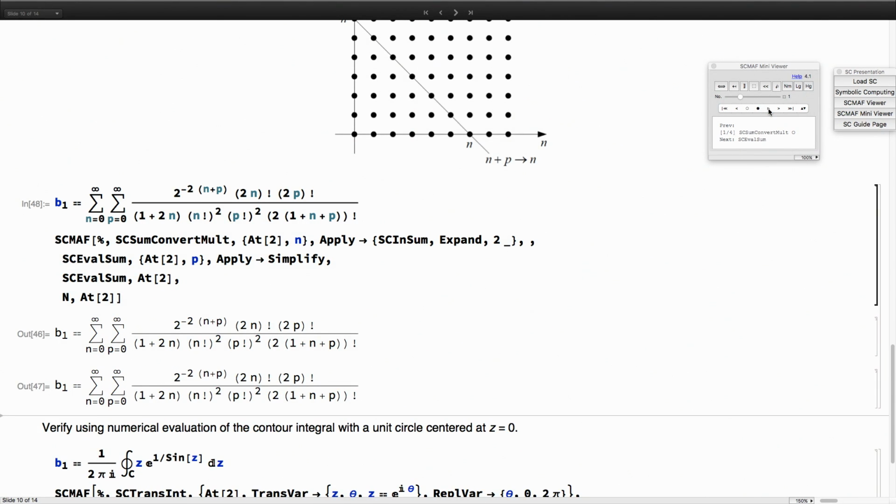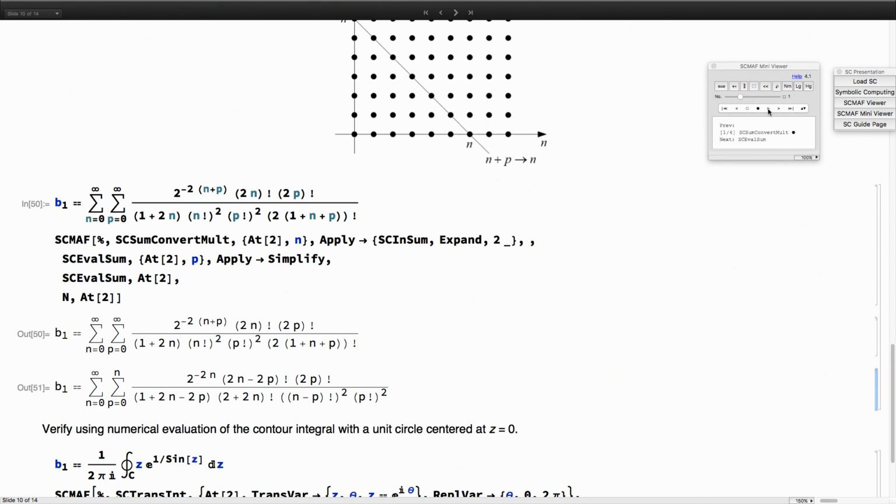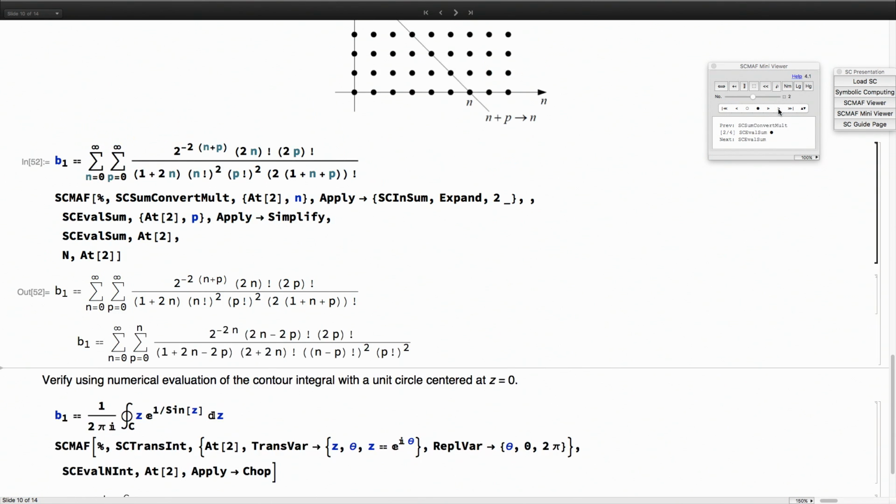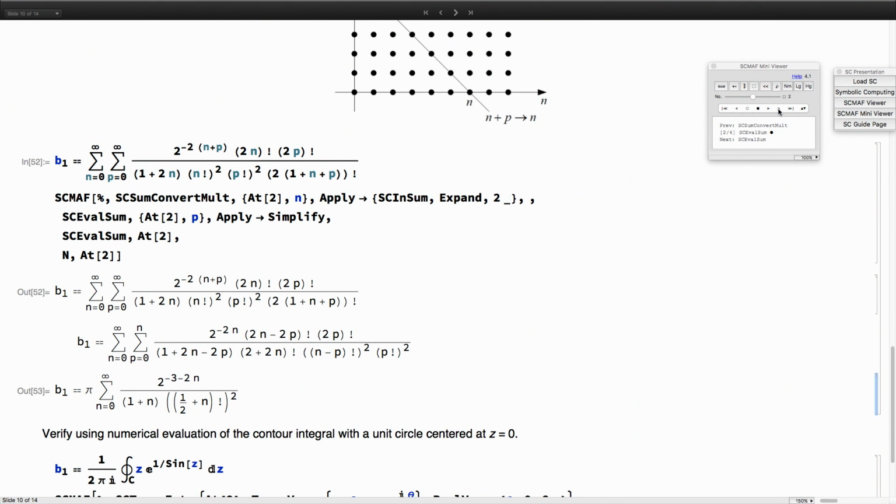Then if you evaluate for p only, then we get this result. So this is a single sum in n, and this sum can be evaluated.